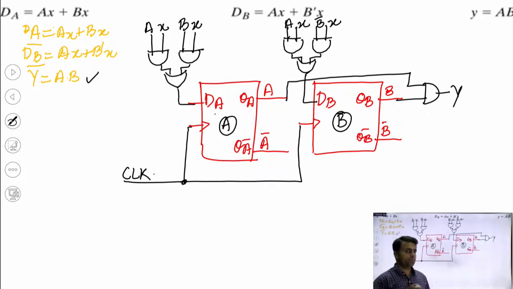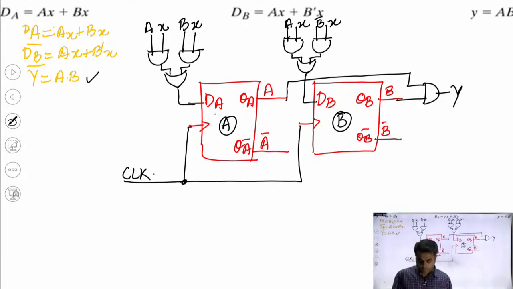Okay, but we must be prepared. If we are provided with a description, we can convert that description into a state diagram and state table. From the state table we can note down the minterms, from the minterms we can solve the K maps, from the K maps we can obtain the expressions, and from the expressions we can design the final circuit.